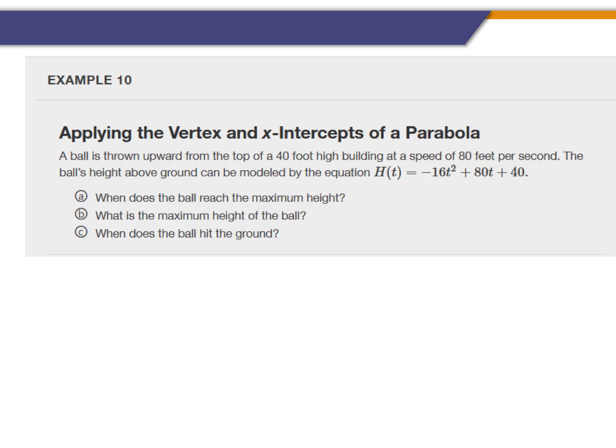The ball's height above ground can be modeled by the equation h(t) = -16t squared + 80t + 40.